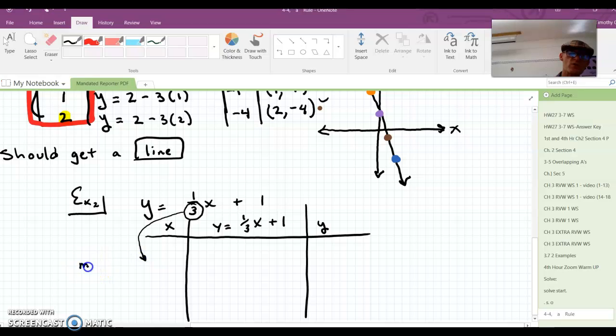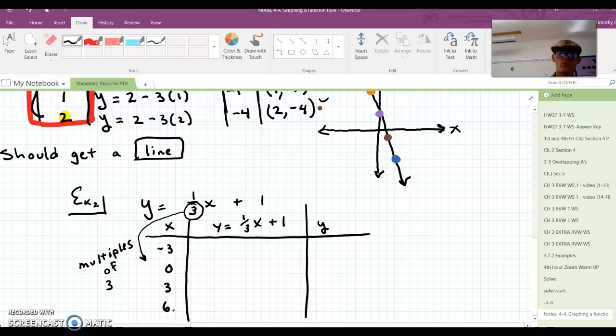So we're going to choose multiples of 3. We have to because we don't want those fractions. So I'm going to choose -3, okay? And then I'm going to choose 0, and then I'm going to choose 3. Now, I can choose more like 6. I'll choose 6, too.